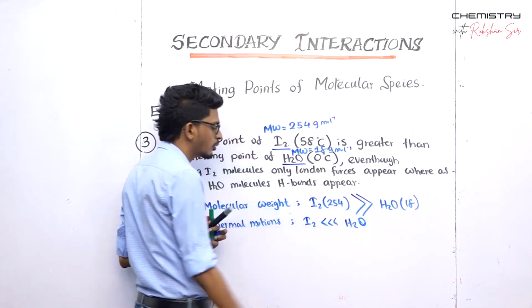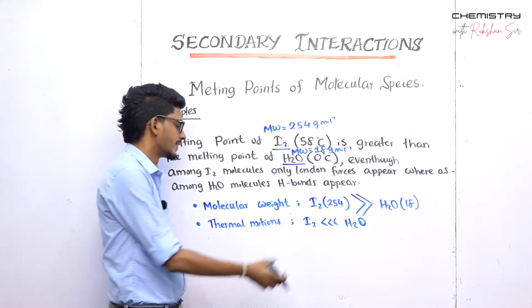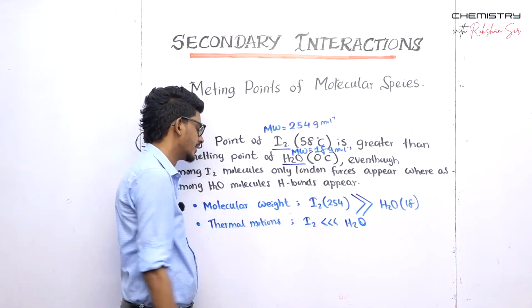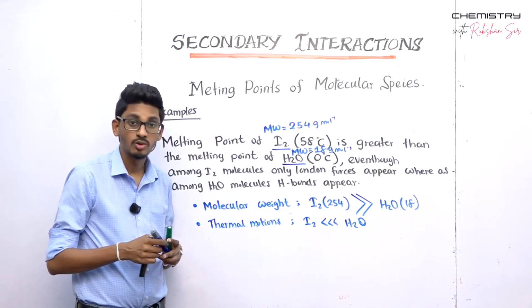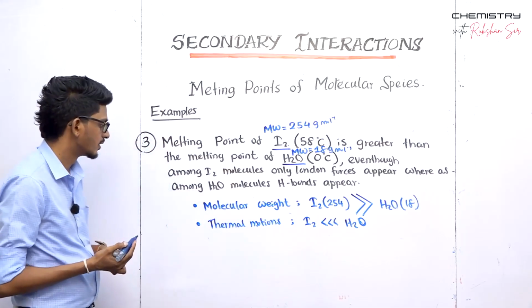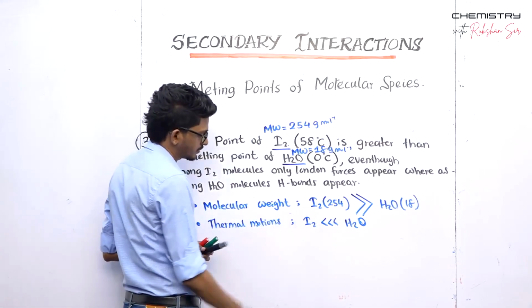The lighter ones will move easily. The ones with greater weight are not that keen to move. So thermal motions are very small with I2.